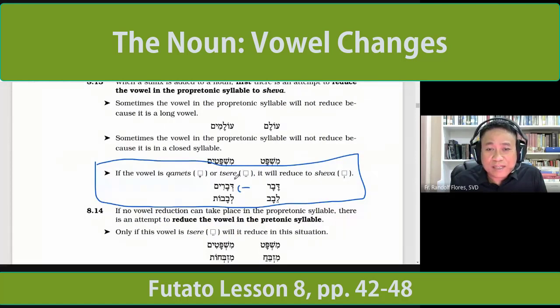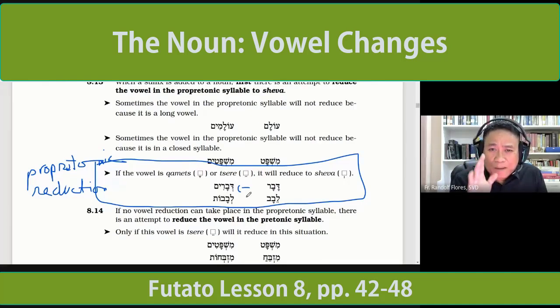Technically, that is called in Hebrew grammar propretonic reduction. Sorry, it's hard to write this. Propretonic reduction is when you reduce the vowel because it is in the third position from the tone. That's the basic example of forming the plural. From davar, you have devarim.